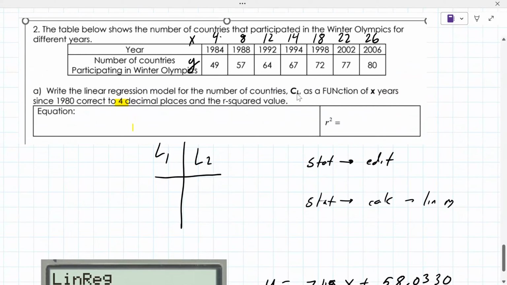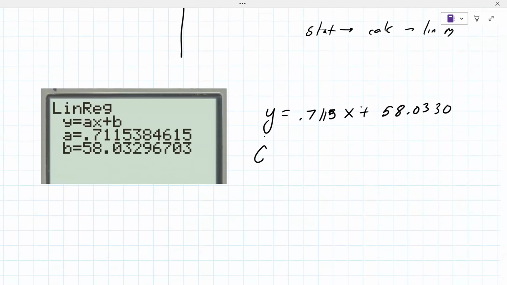Now, they don't want it that way though. They want it as CL as a function of X years. So you really want to write CL equals 0.7115X plus 58.0330. Wouldn't it be CL in parentheses as a function of X?